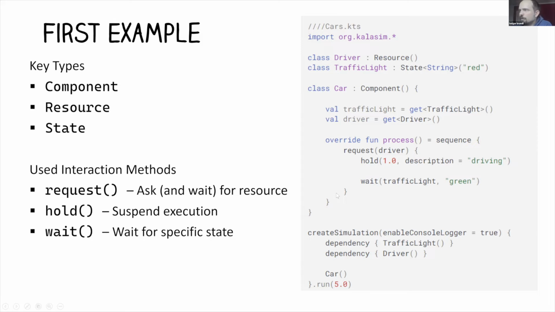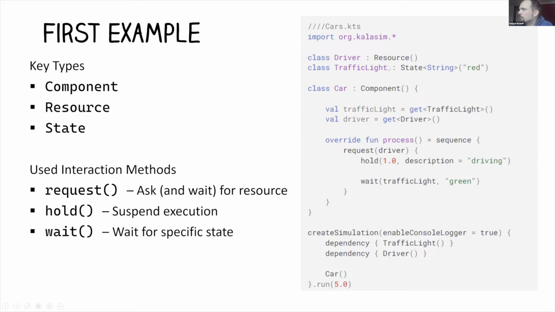In this case, it's a very simplistic process. For a given car, it will request the driver, and then it will drive around for some simulation time until it reaches a traffic light, where it will wait until the traffic light switches to green.